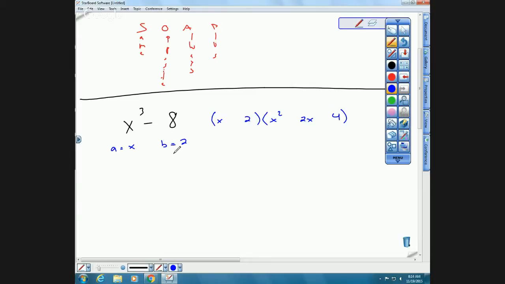And then it's a minus sign, so I do the same sign, opposite sign, always plus sign. So really, you've got to identify these, and then you're just plugging into the formula. This can't factor anymore, so that's as far as it goes.